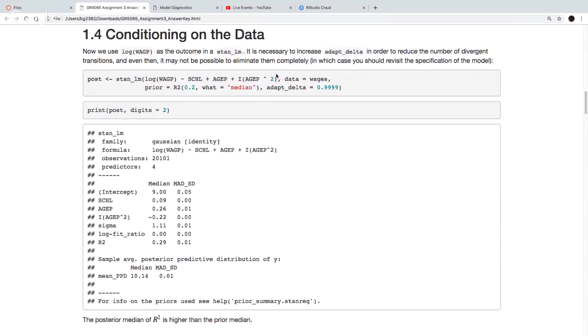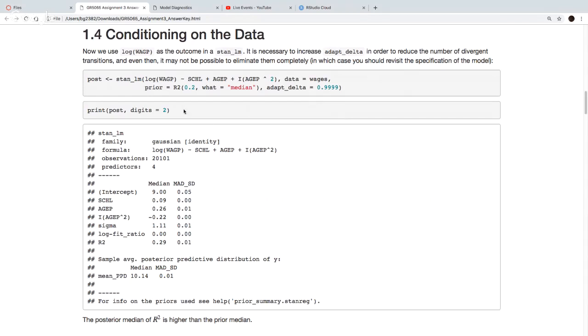So you may have to bump up adapt_delta to reduce or eliminate the number of divergent transitions, but even still, some of you found that you couldn't completely make those go away, in which case you should probably revisit your specification of the model. Stan is telling you there's something about this posterior distribution that is extremely hard to sample from in some region of the parameter space. And we'll talk more about diagnosing those things.